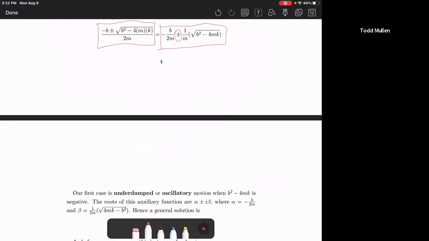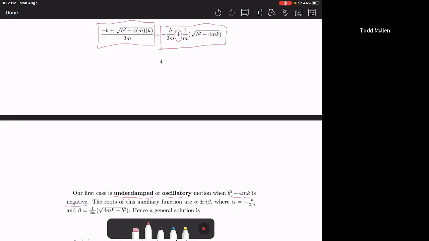We're going to break this into 3 cases, and it's our normal 3 cases for these quadratic expressions where we're looking at double roots, no roots, and single roots. So our first case is underdamped or oscillatory motion when b squared minus 4k is negative.